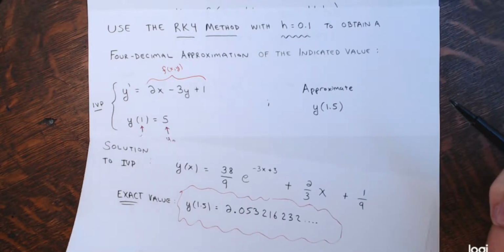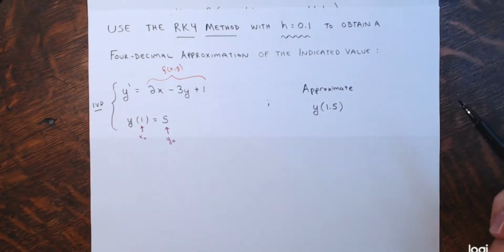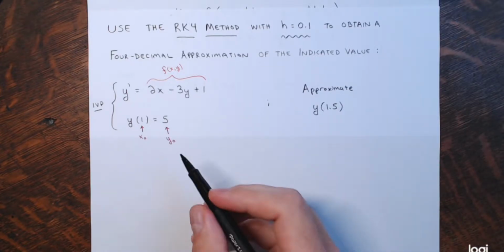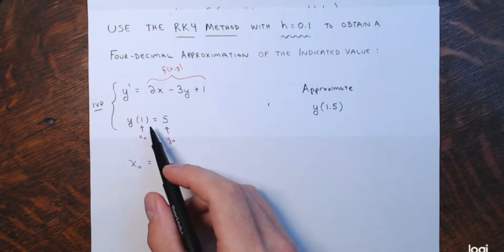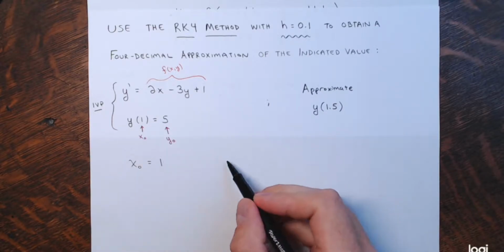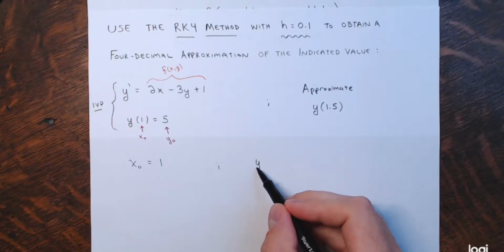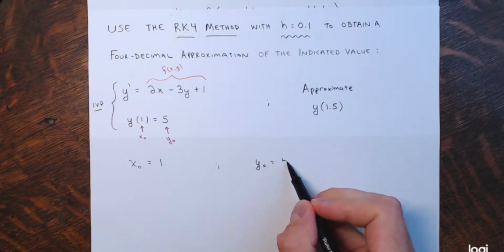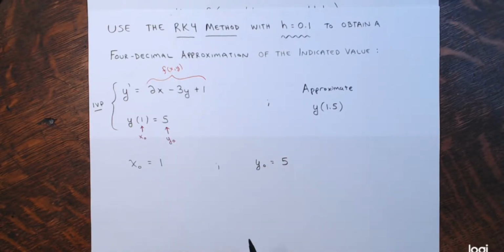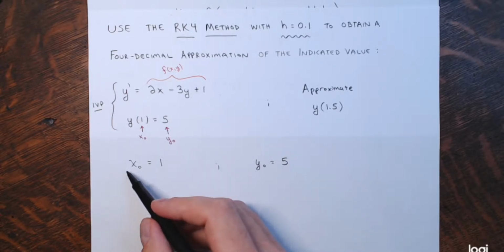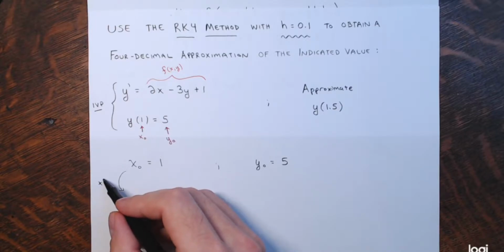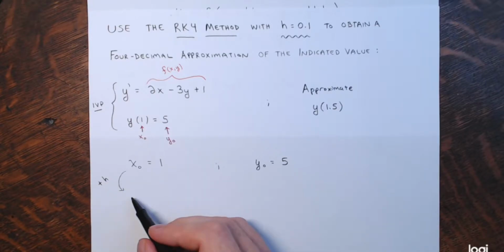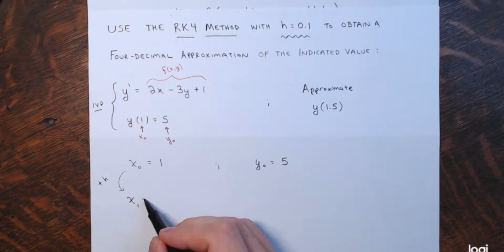Alright, so let's get this out of here. I'll bring it back when we find our approximation. First, x sub 0 is 1. Y sub 0, the initial y, is 5. Then I move a step, so I add h to my x sub 0, which gives me x sub 1.